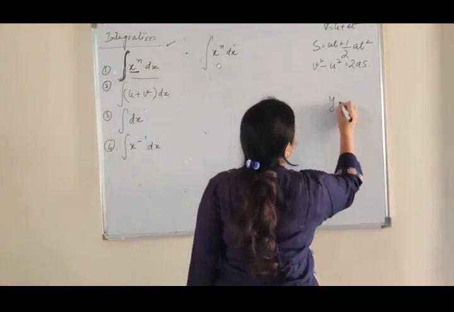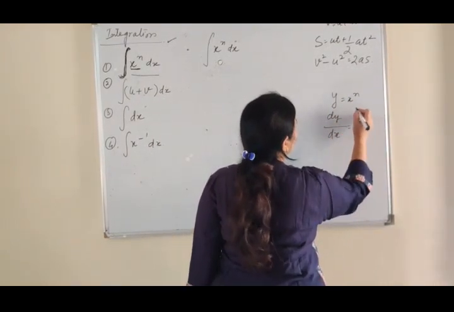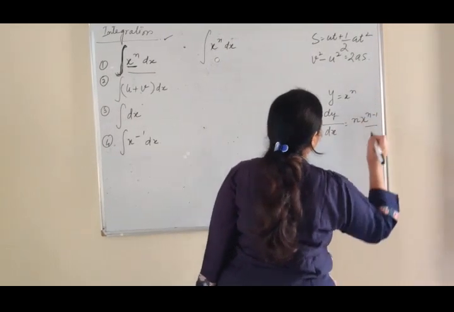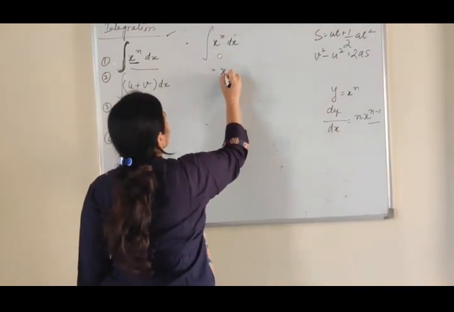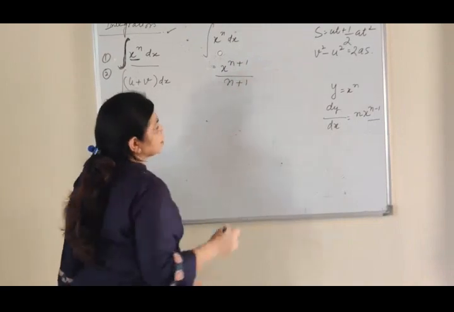See, if y is equal to x power n, for differentiation what we did, multiplication of n, then we reduce the power by 1. But in integration, first of all we will increase the power by 1 and then we will divide by the increased power.